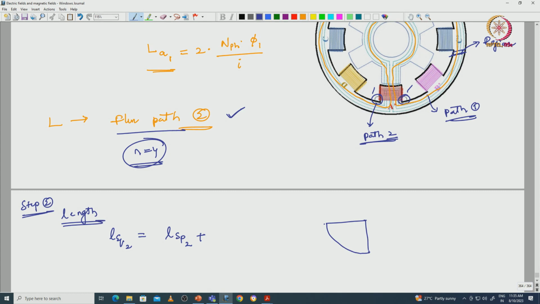Even though the flux lines flow in this fashion, we can approximate the shape of the flux loop in this way. This is the flux path with respect to the stator yoke, this is the flux path with respect to the stator pole, and this is the arc length with respect to the stator slot air gap region.